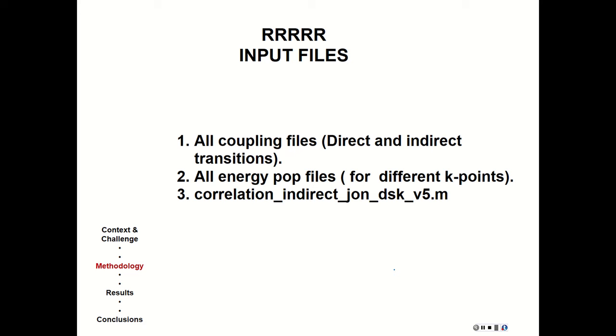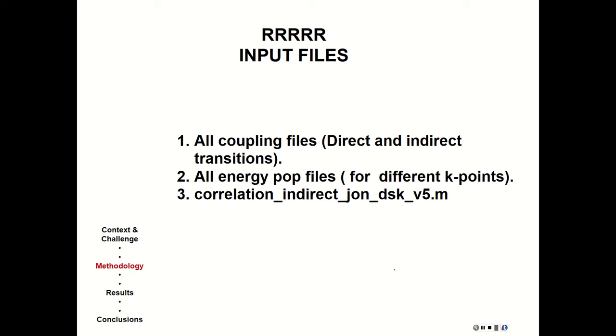So in order to calculate the relaxation rate, we first need the rate field tensor. For calculating the rate field tensor, we need 3 things in the folder. Number 1, coupling files. Number 2, energy files, which contain the states, and a MATLAB code. So we can calculate the rate field tensor for 4 different K points, so we'll have 4 rate field tensors.